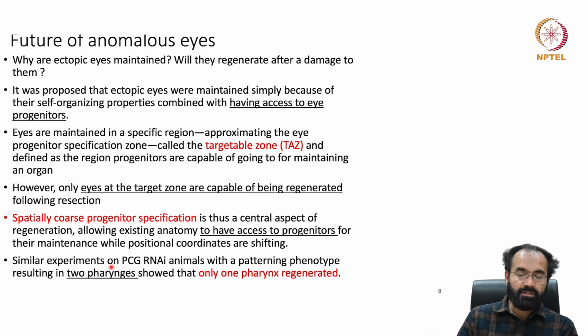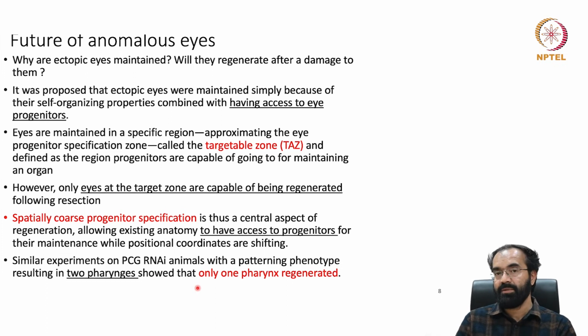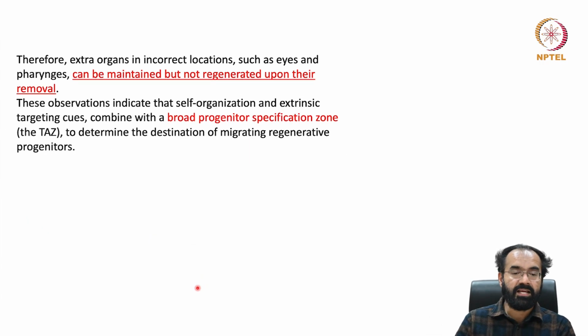Similar experiments on PCG RNAi animals, with a patterning phenotype resulting in 2 pharynxes, allowed only 1 pharynx to be regenerated if you damage. If 2 pharynxes are there, you cut one, new pharynx won't form because 1 pharynx is already there. Therefore, extra organs in incorrect location, that is ectopic organs such as eye and pharynges, can be maintained but not regenerated upon their removal.